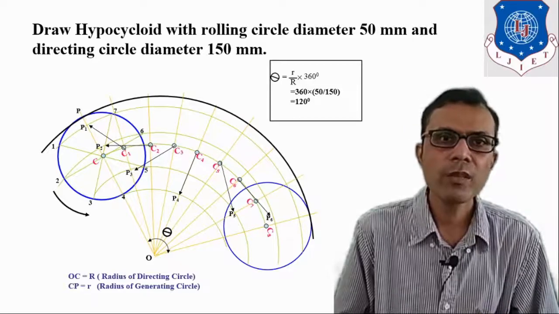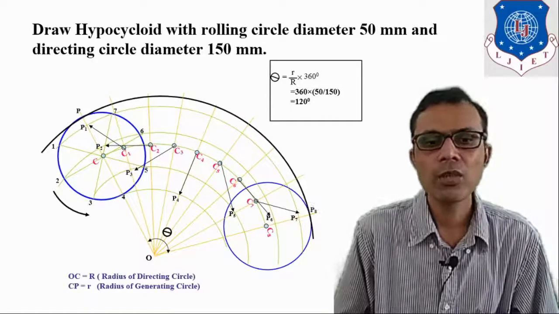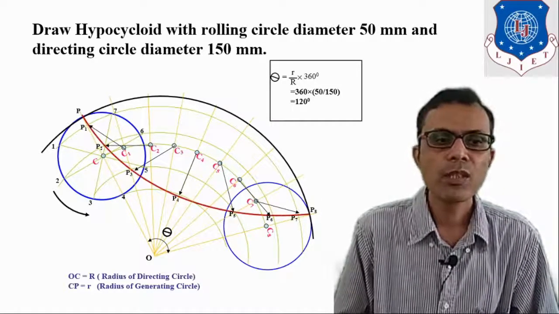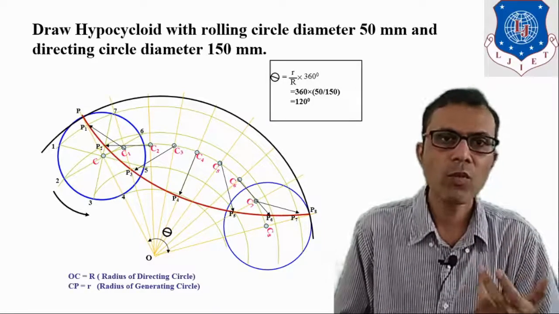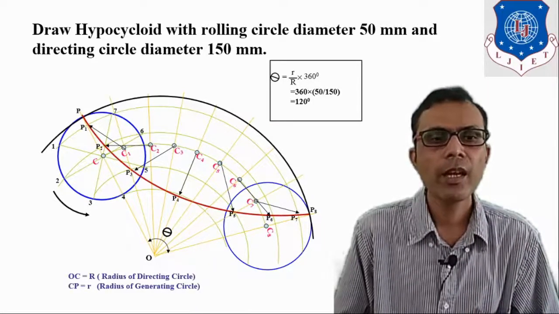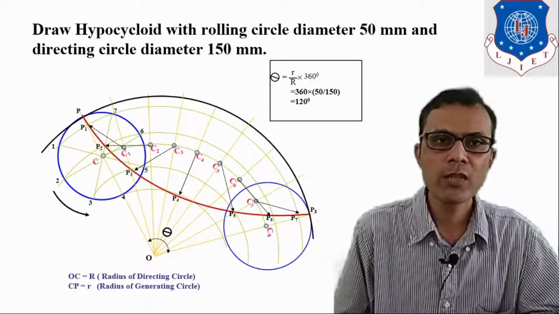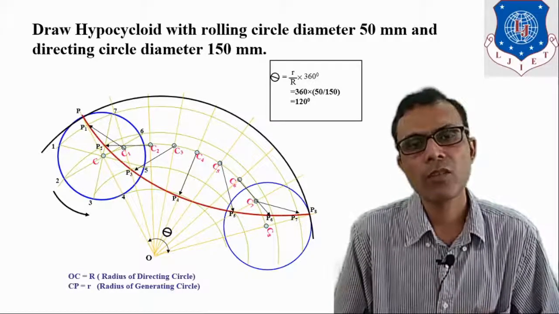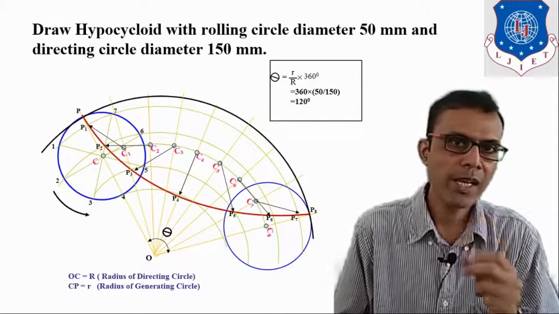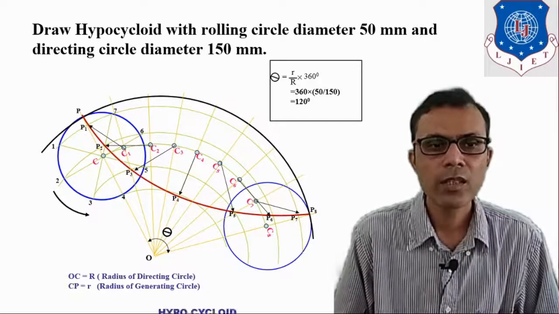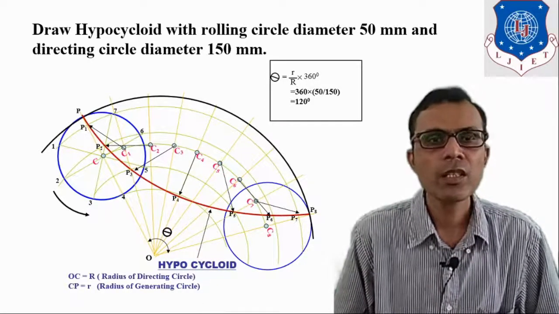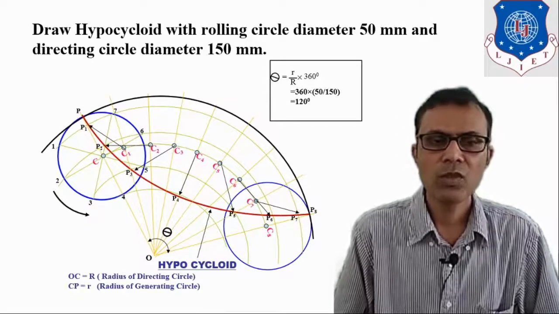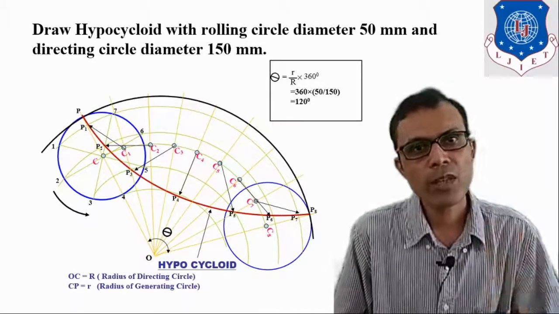So all these intersecting arcs are actually different positions. Write down the notation from P1 to P8 and join all these points with a smooth freehand curve. Once it becomes proper, then make it dark or thick. So that curve is the hypocycloid. So here the hypocycloid is drawn.